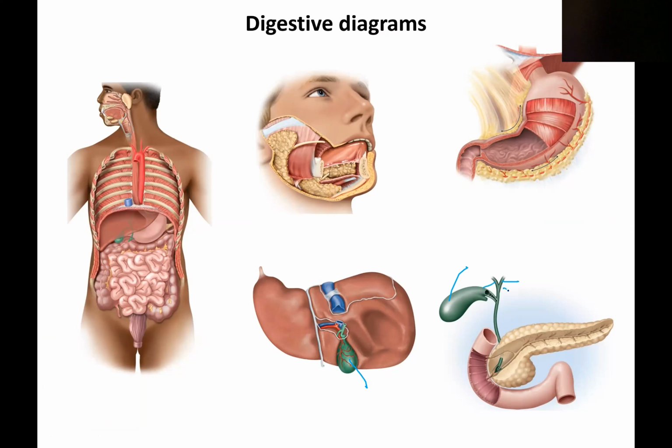You can see the common hepatic duct. You can see the cystic duct and the common bile duct. This would be part of the duodenum, and this is the pancreas.